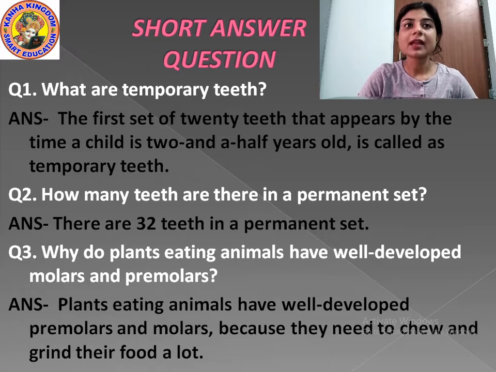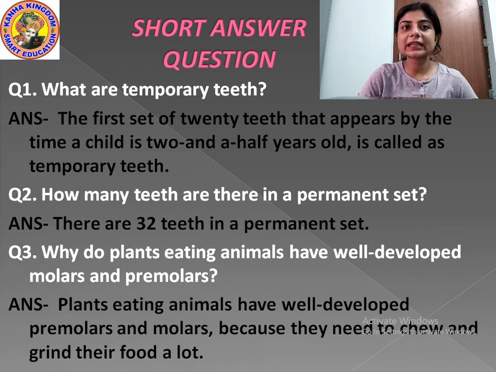The answer is the first set of 20 teeth that appears by the time a child is 2.5 years old is called temporary teeth.